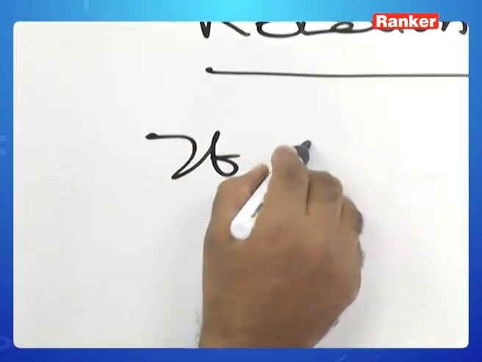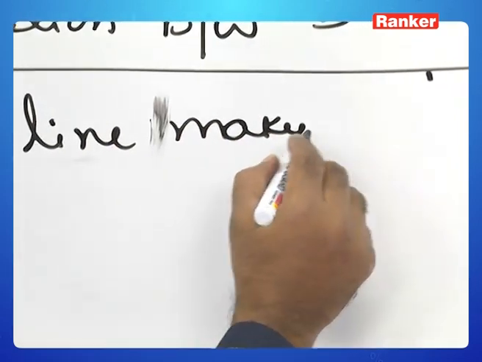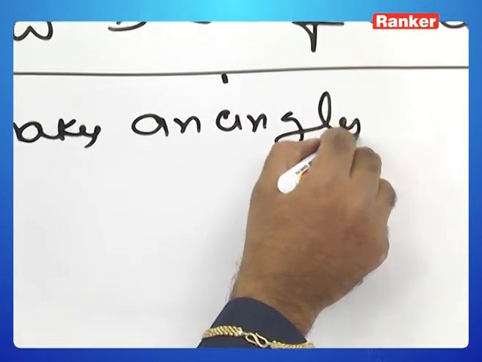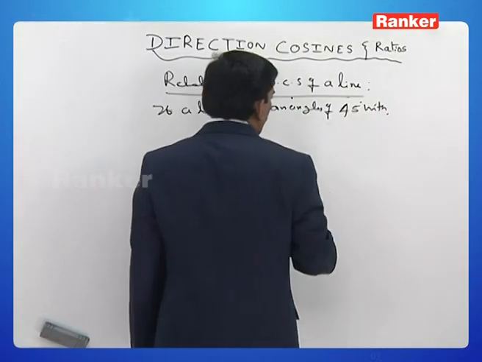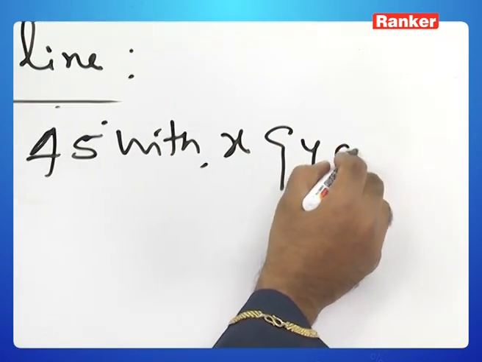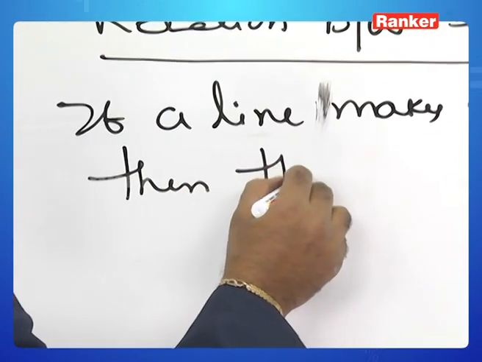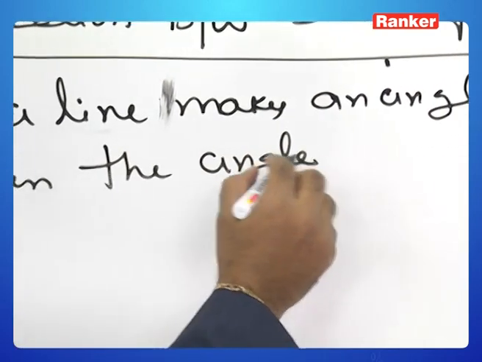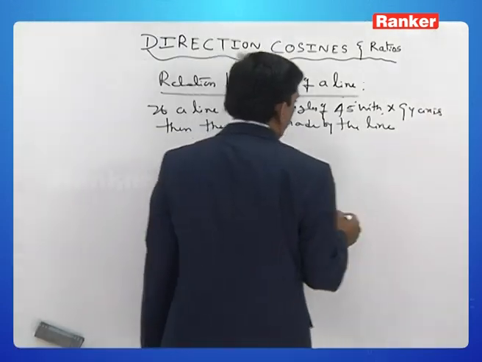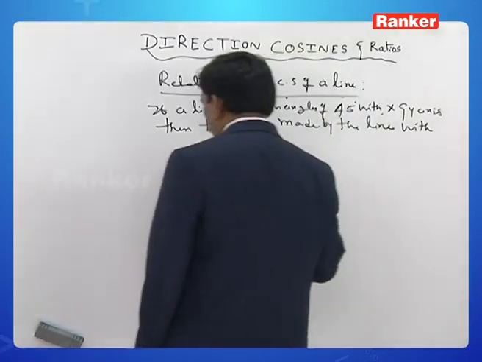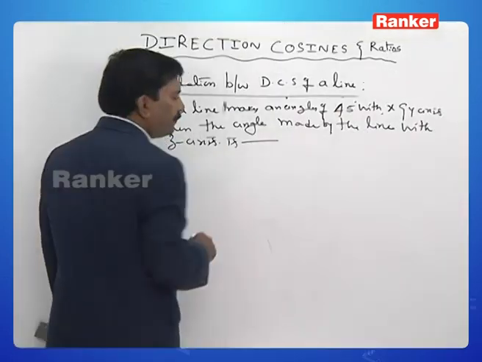If a line makes angles of 45 degrees with x and y axis, then the angle made by the line with z-axis is dash.